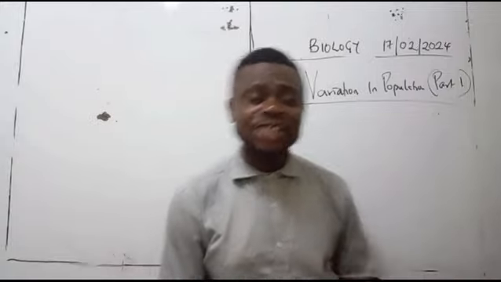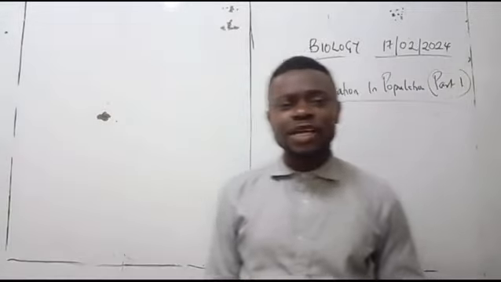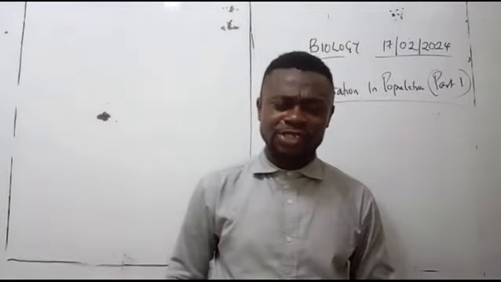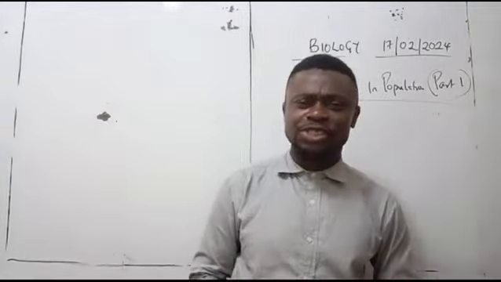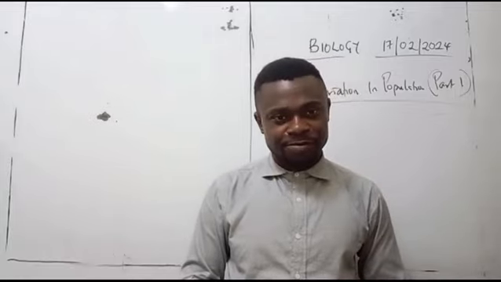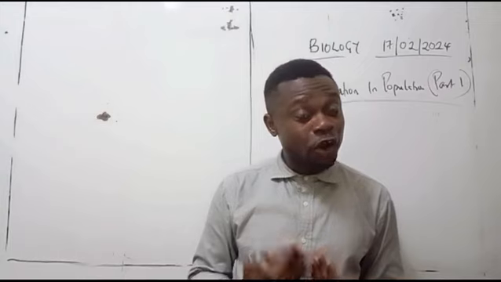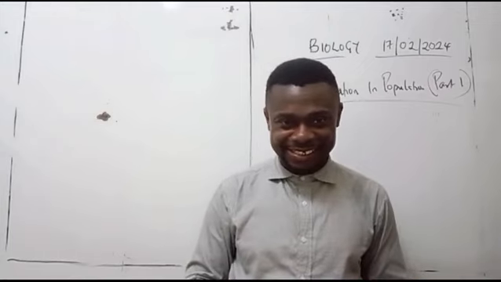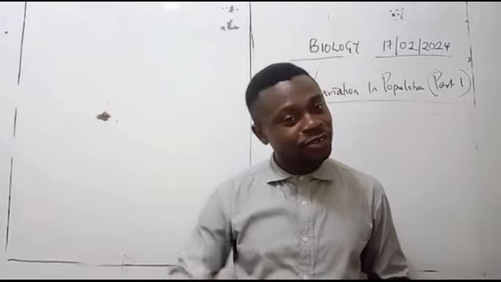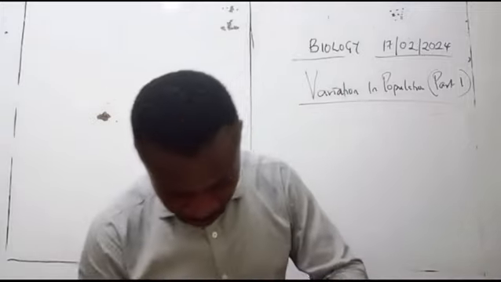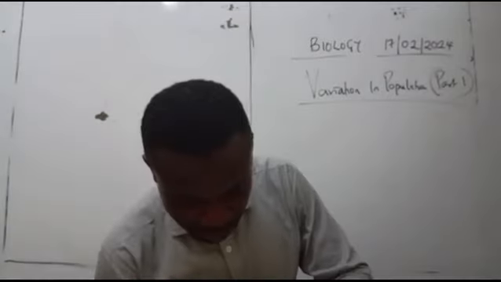So when you talk of variation, you talk of what? Intraspecific differences, differences in the features in a particular species, usually human being as an example, ranging from the color of my skin, my height, and what have you. These are what we call variation. So what is variation?